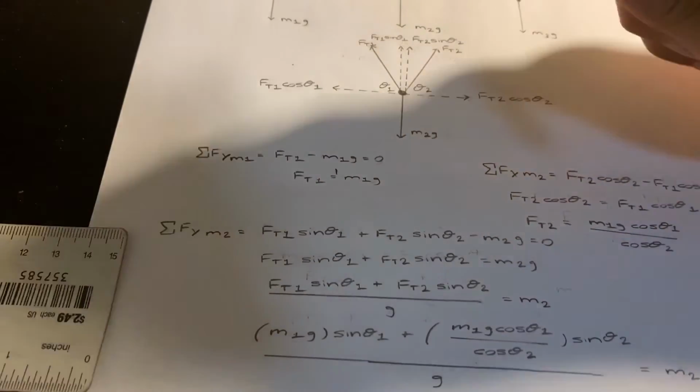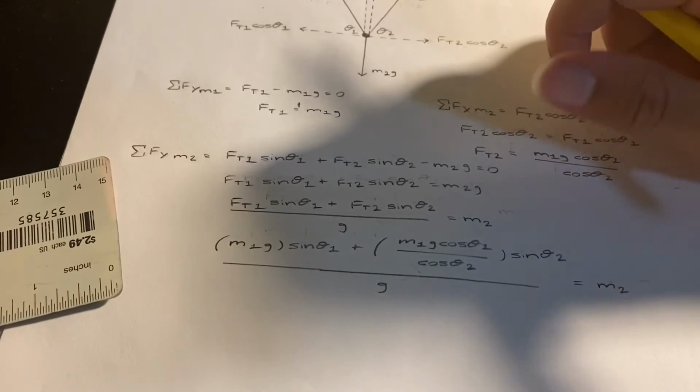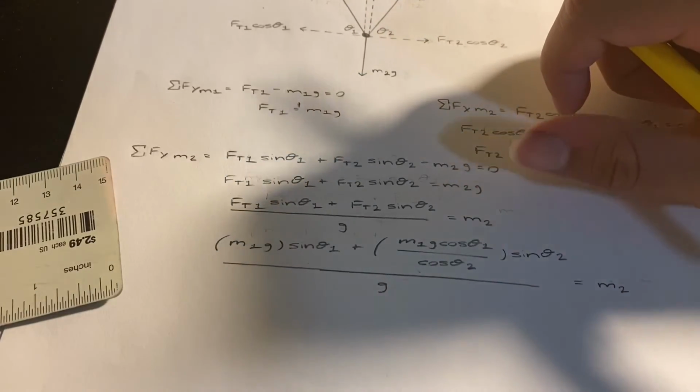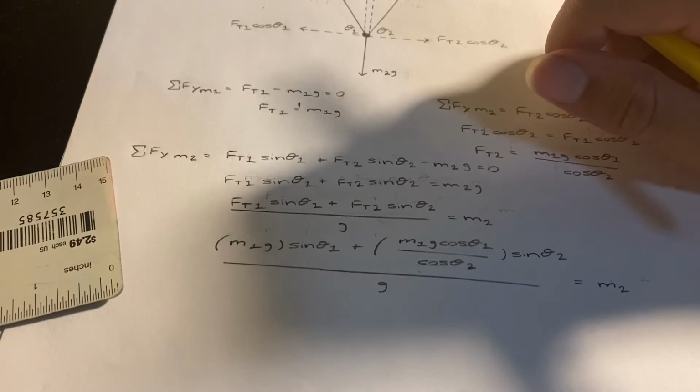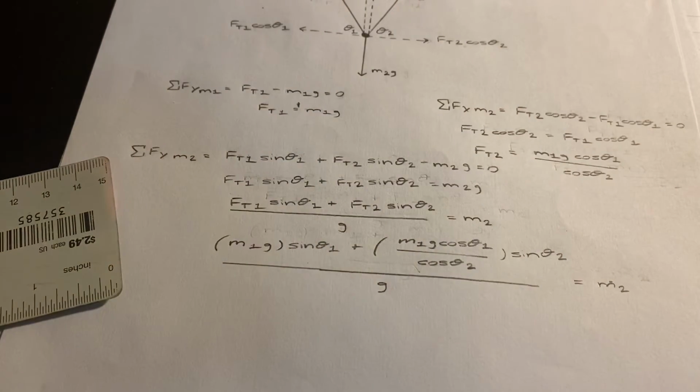Although this is quite the messy equation, we basically have an equation that is comprised of all of our knowns, so we can easily solve by just plugging in for m2.